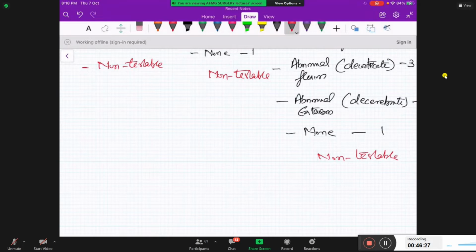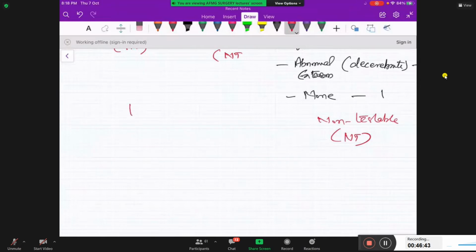So whenever we cannot assess any response, for that we will use NT. That is non-testable.